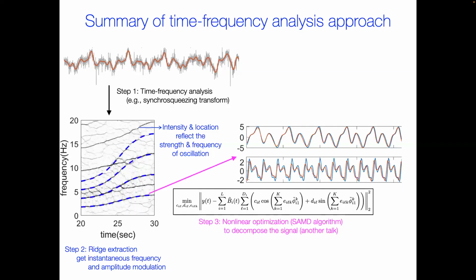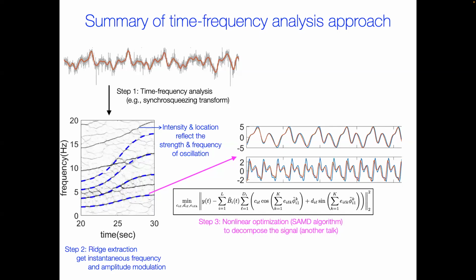Once you get ridges, you can apply, for example, a nonlinear optimization problem called SAMD, shape adaptive mode decomposition. I will not discuss it today. But once you run through this optimization, you can recover each component. In this plot, the red curve is the ground truth. I have two components inside, two sources, and each one oscillates in different ways.